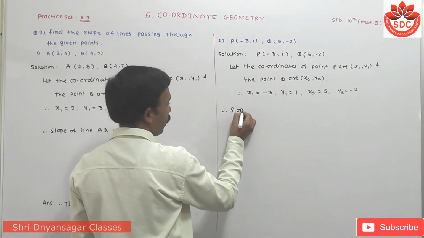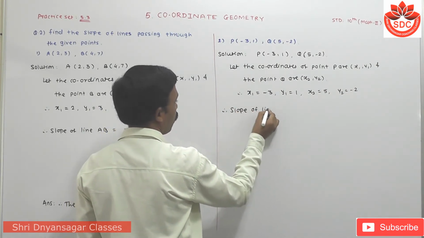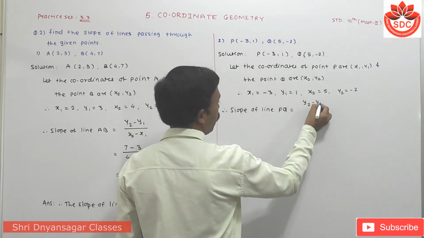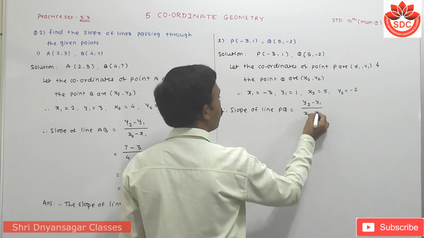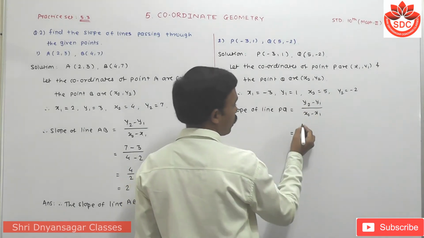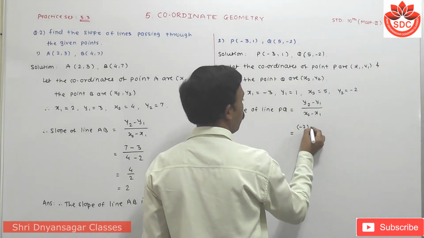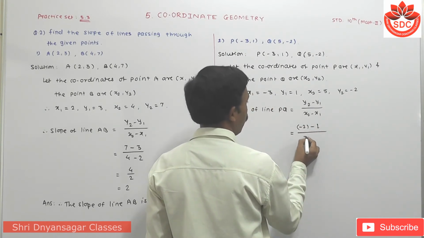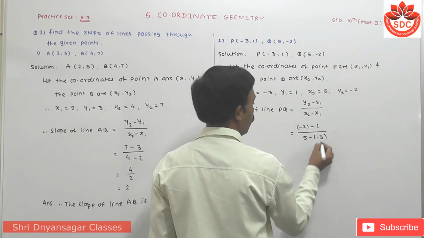Therefore, the slope of line PQ is equal to the formula y2 minus y1 upon x2 minus x1. y2 is minus 2 minus y1, which is 1, upon x2, which is 5, minus minus 3.